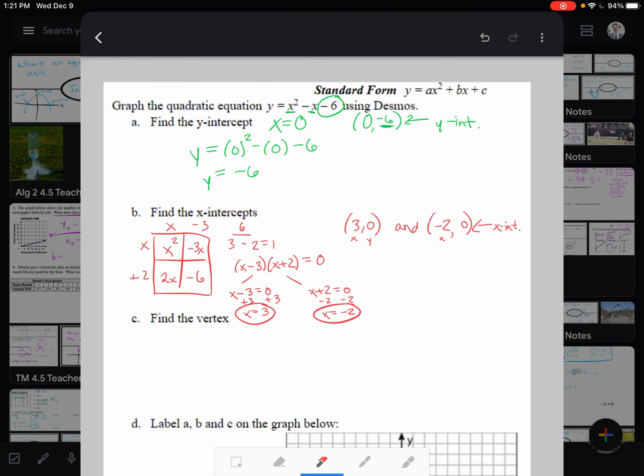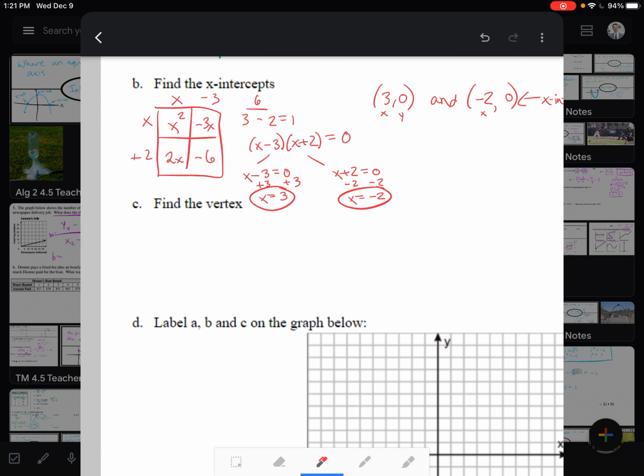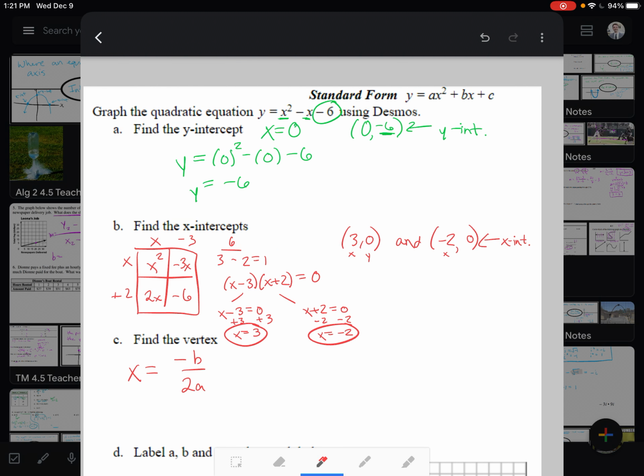Next step, vertex. So moving our way down here. Well, we know our vertex formula, the x of the vertex equals negative b over 2a. So let's go back to our equation up top here. If we're looking at this again, ax squared plus bx plus c, well, there's our a, there's our b, and then our c is right there.